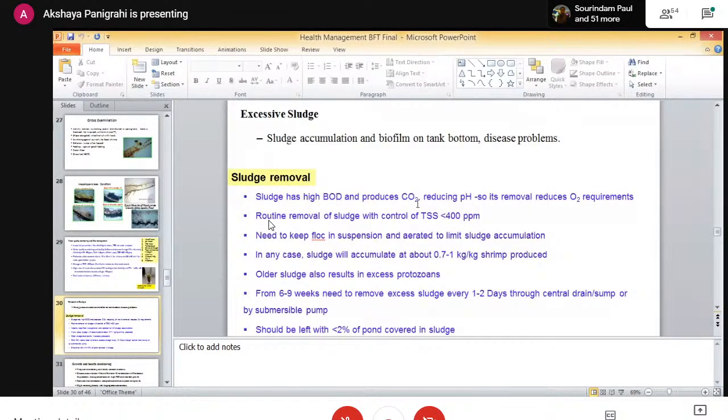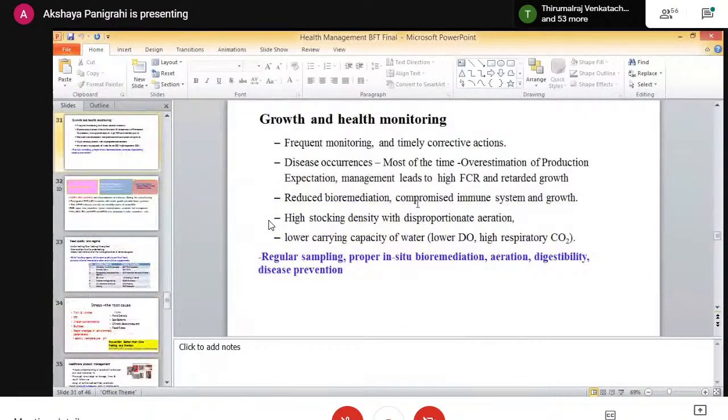Then sludge management. Here we already discussed sludge, how it is dangerous and how it should be removed. Sludge accumulates over the period of production, and it should be properly disposed of, otherwise the sludge itself will bring protozoans and other things into the system.